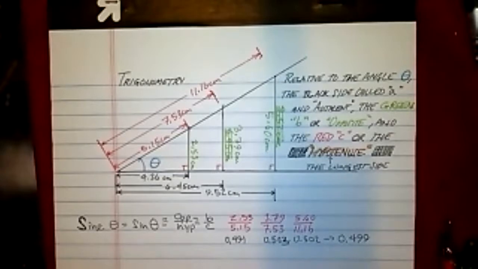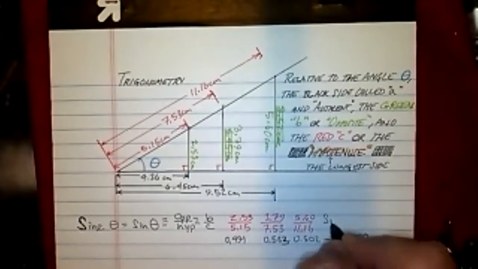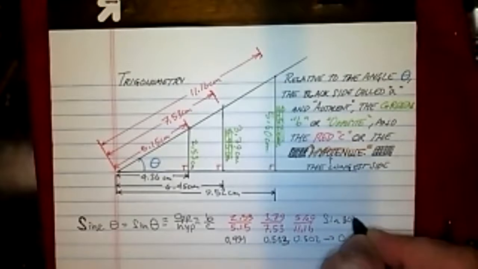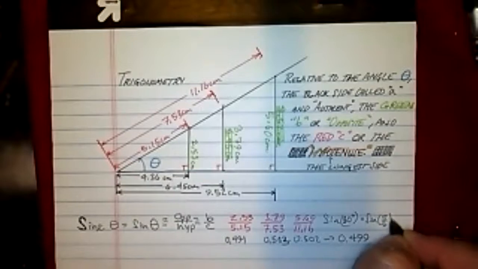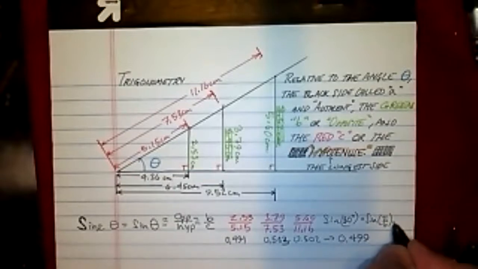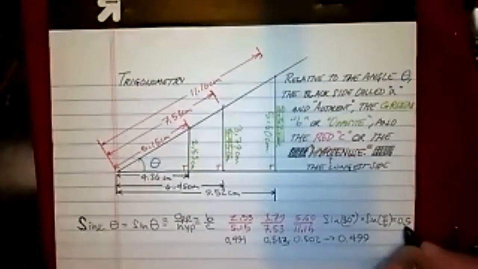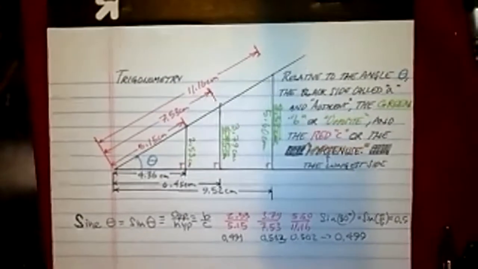Okay, well, it turns out this is the sine of 30 degrees, which is also the sine of pi over 6 radians. Again, I will get to later on what radians mean. Right now, I'm just giving it to you so you happen to remember them a little bit. But it turns out this is exactly equal to 0.5 with any number of zeros after it.